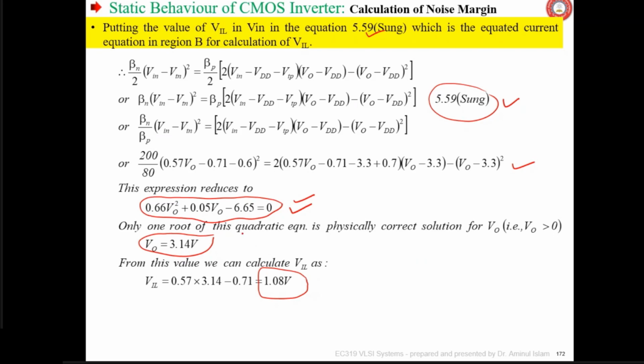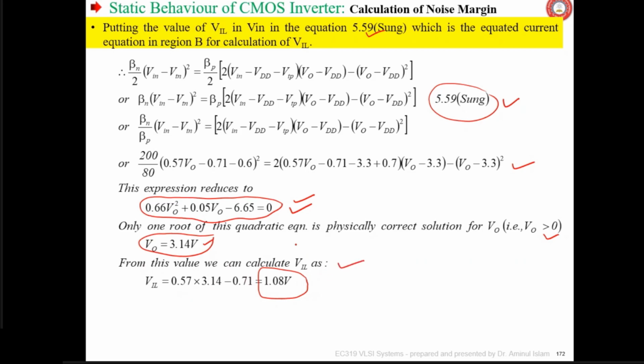The one root of this quadratic equation is the physically correct solution for VO when VO is greater than 0, means positive. And hence VO will be 3.14 volt output voltage.